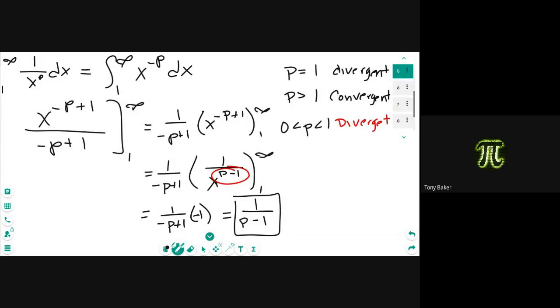So where is the only time this is convergent? Right. If p is greater than 1, it's convergent. If p is less than 1, it's divergent.